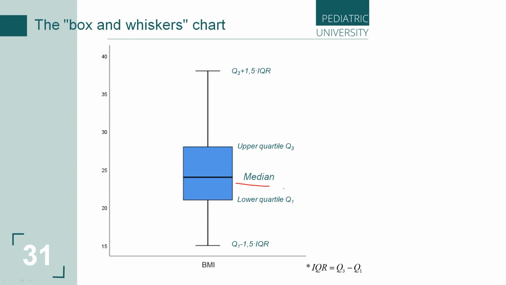The bottom boundary of the box is the lower quartile, and the top boundary is the upper quartile. The upper whisker is the upper quartile plus 1.5 times the interquartile range, and the interquartile range is the difference between the upper and lower quartile, as I said earlier.